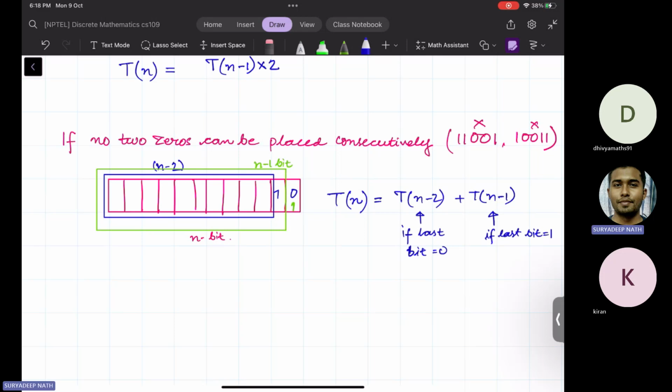The last bit is the bit we are inserting, controlling the values either 0 or 1, and then by the recurrence relationship we are finding t of n.